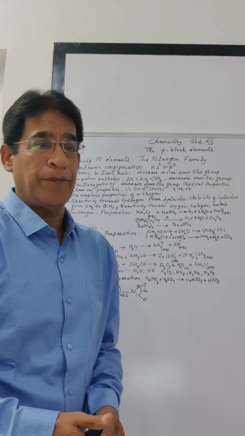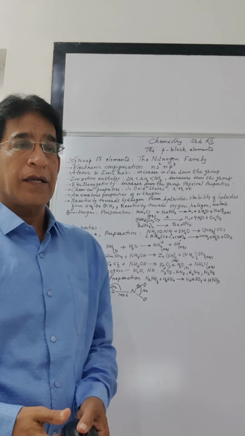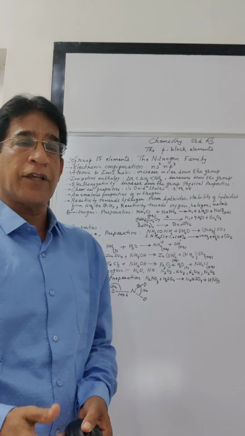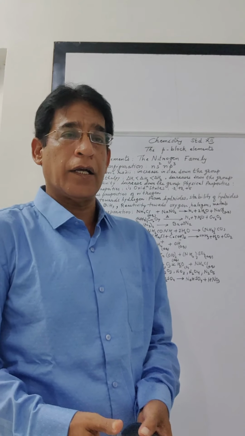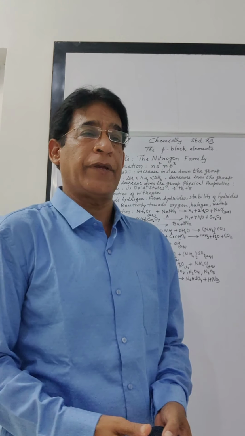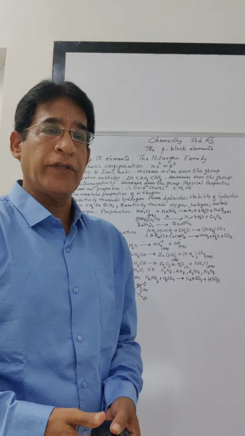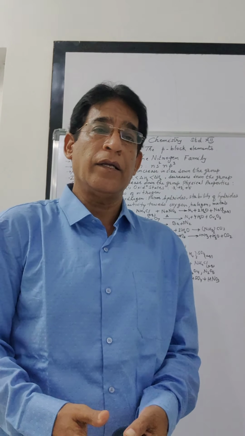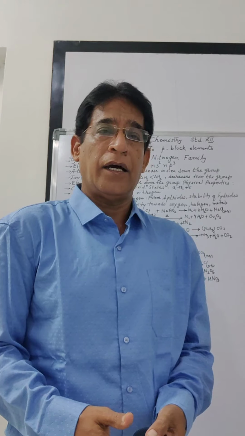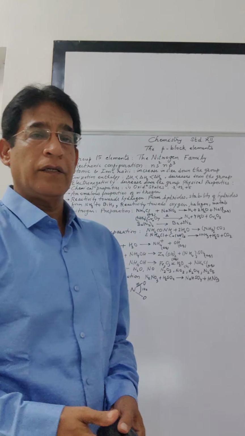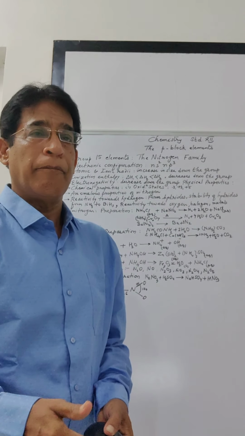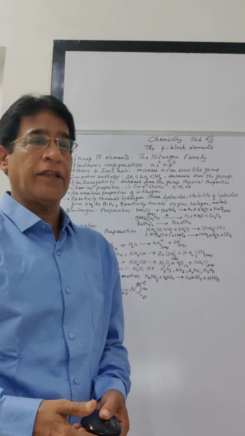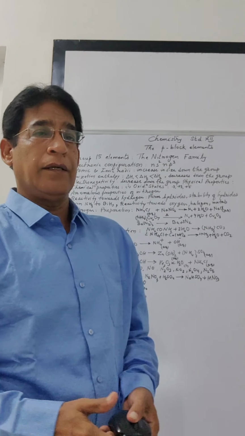Now, physical properties. All the elements of this group are polyatomic. Dinitrogen, N2, is diatomic, while all others are solids. Metallic character increases down the group.